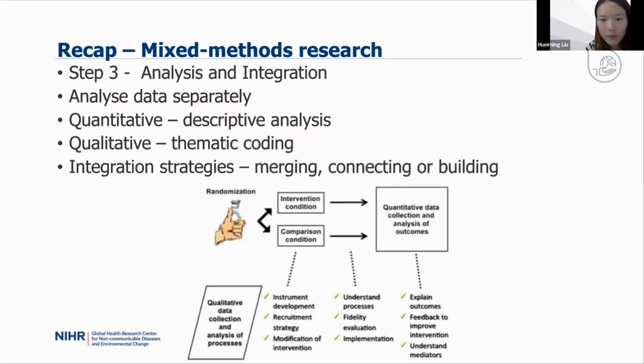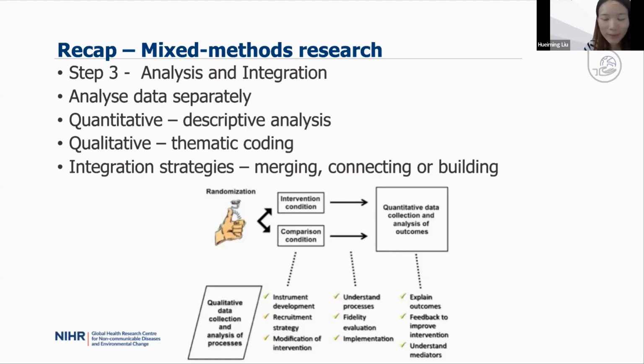So I think the figure in the slides is really helpful to understand, at each step of the process, what you can use for the qualitative or quantitative data to analyze.